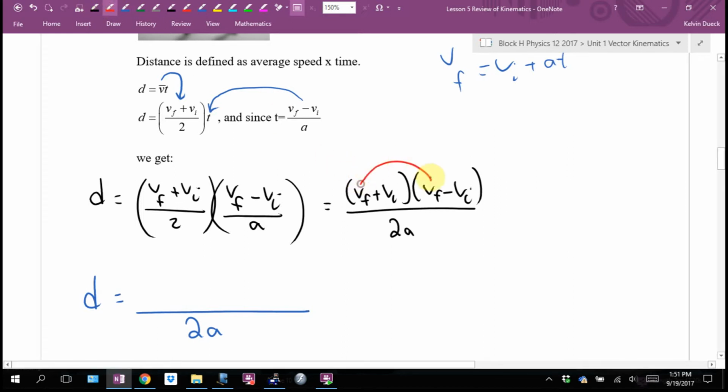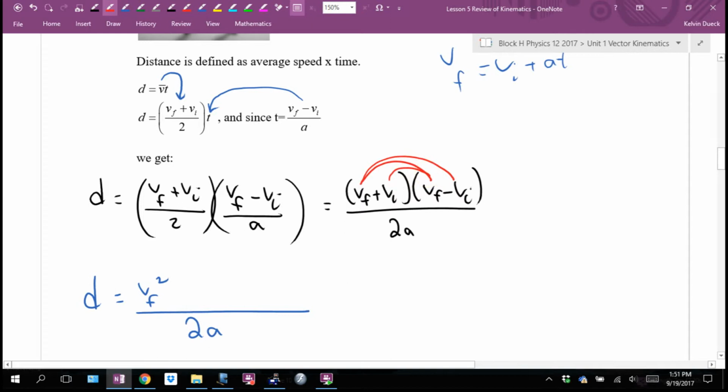I'm going to go VF times VF. What is VF times VF? Yep. I think Elliot just kind of saw where we're about to end up at. Then, Harshpreet, we're going to have a VF times a negative VI. I'm going to get, remember this, negative VI VF. Just remember that.